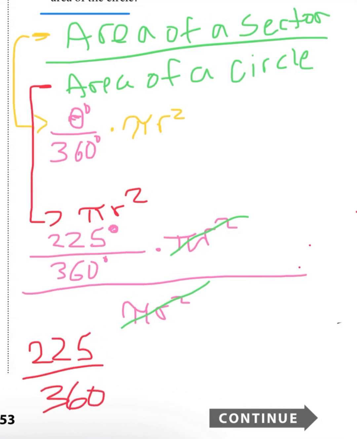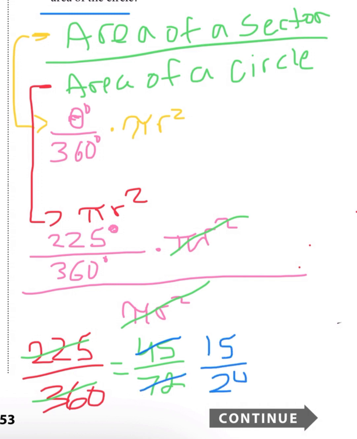Now we just have to simplify this fraction. We can divide by 5, or you could be using your calculator. So this is 45 over 72. We can simplify even further. We get 15 over 24. And then simplify it one more time, and we get 5 over 8.